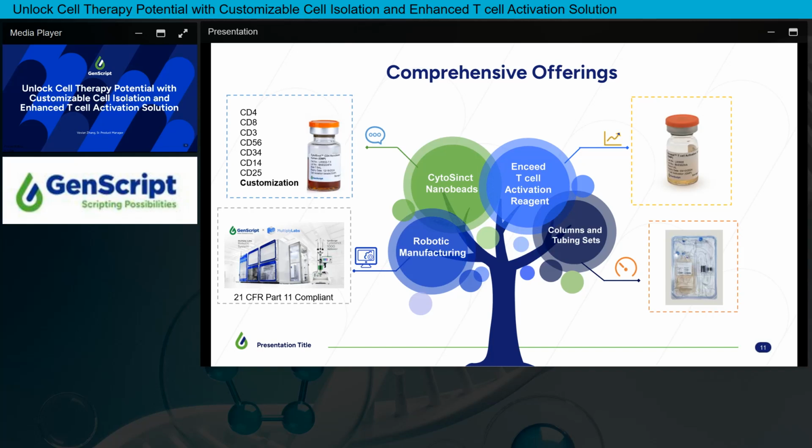And our recently launched customization service, which I'll dive deeper into in the next slide, as well as our Enceed T cell activation reagents, and our automated instrument in collaboration with our partner Multiply Lab to enable robotic automation for manufacturing, as well as GMP grade or RUO grade columns and tubing sets.